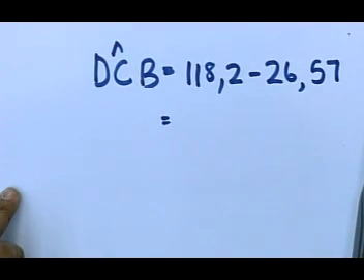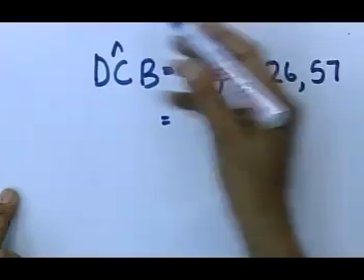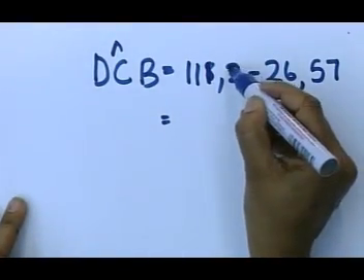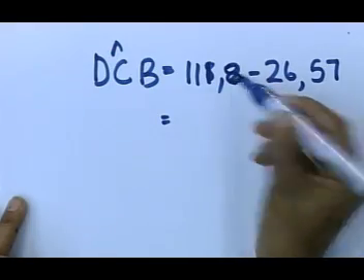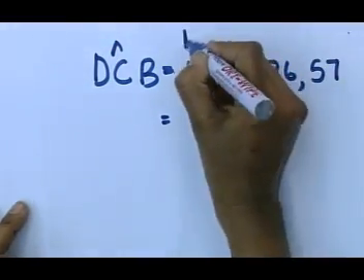Sorry, this was 111. I made a mistake there. 111,8 minus 26,57. Teachers also make mistakes, everybody.